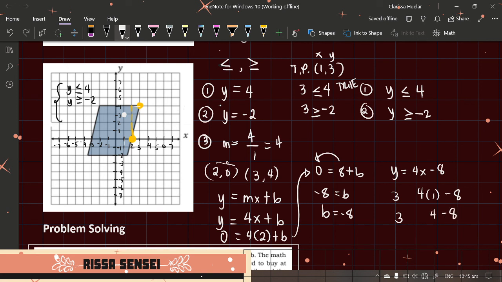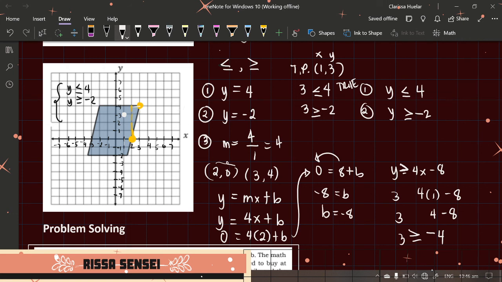So, definitely, this will become negative 4. So, 3 and negative 4. Ngayon, decide tayo. 3 is greater than or equal to negative 4. So, we're going to use greater than or equal to. Meaning, ang ating inequality ay y greater than or equal to 4x minus 8.